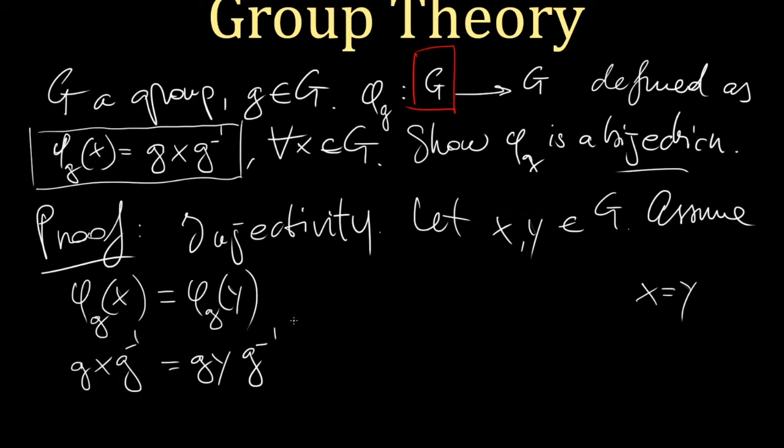Now we have a very easy step to do. We already know that in a group left and right cancellation laws hold. So for the left cancellation law, we can cancel this g, and for the right cancellation law, we can cancel this g inverse, and we have in fact x equal y. And we proved that little phi of g is injective.